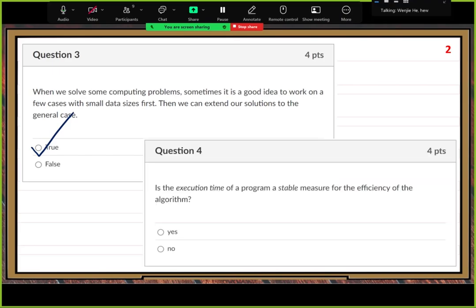All right. Is the response time stable? Not stable, we talked about it in class, from both hardware and software. From the hardware side, it's not stable because people use different computers, different machines.